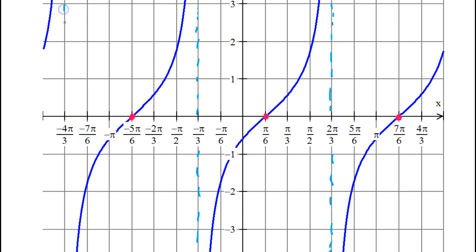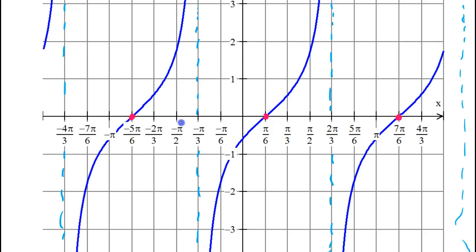Okay, so here's another asymptote over there. Now, how far apart are these? 1, 2, 3, 4, 5, 6. 1, 2, 3, 4, 5. Alright, so the next asymptote is off camera. Anyway, that's important because that will help us to determine the period.